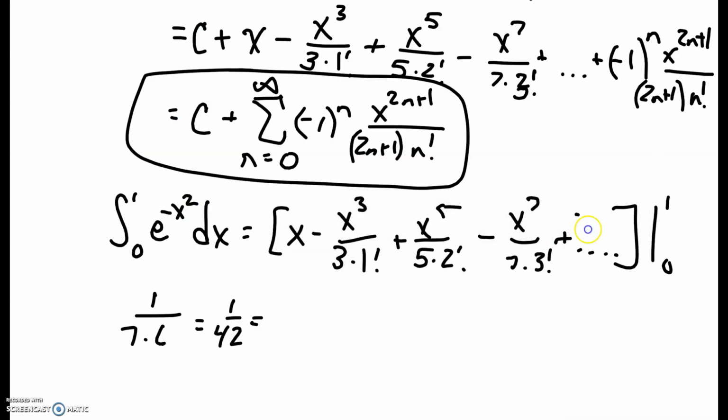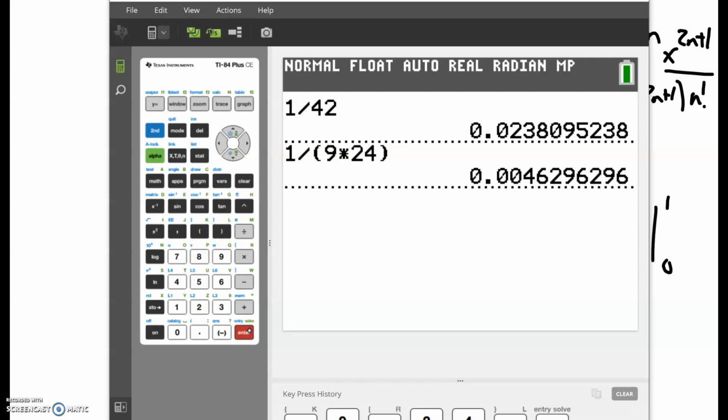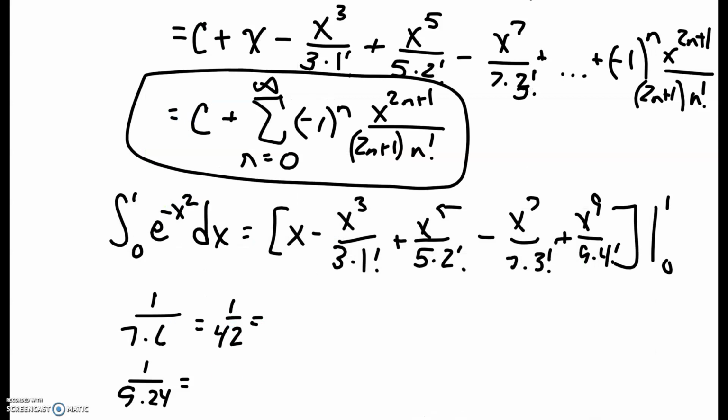The next term would be x to the 9th over 9 times 4 factorial. So that would be 1 over 9 times 24, 0.004, we want 0.001. So we can check the next term.